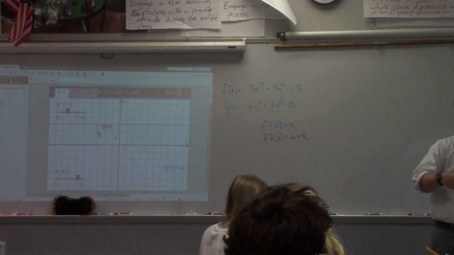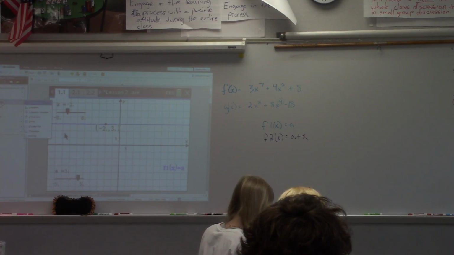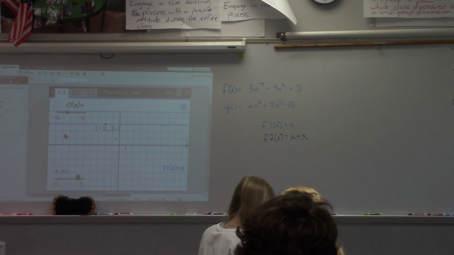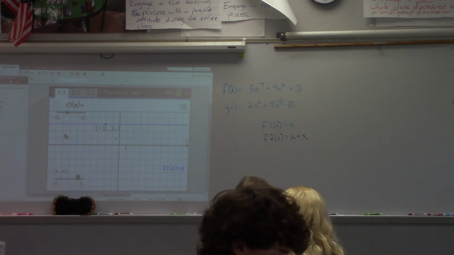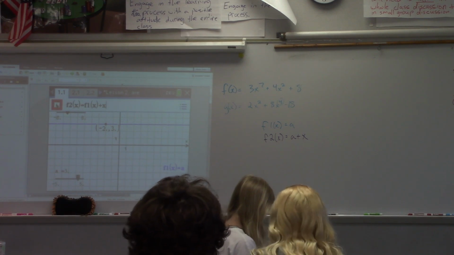Translations, right? So we translated by x. And I'm going back through this because we need to pay attention to this. Later on, we're going to add functions in. So you hit menu, graph entry/edit, you go to function, and notice it says f3, but I want to look at the second function. You see how I've already set it up with f1 of x plus x.